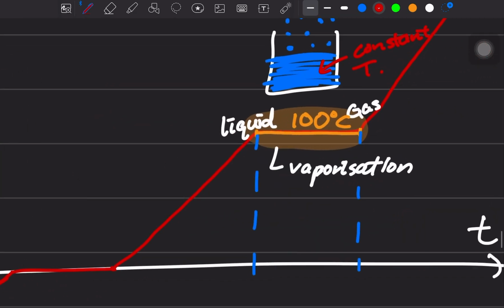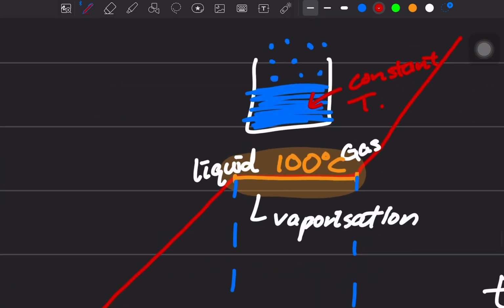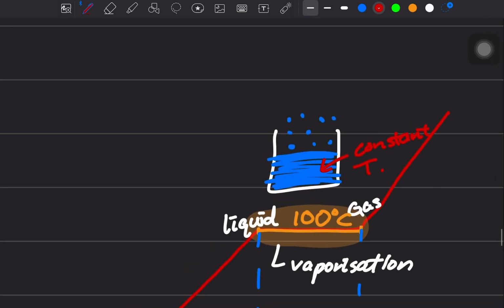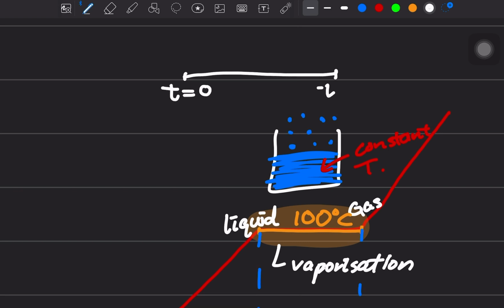If we check right here, as time passed, let me draw something. This is T is 0, T is 10, and onwards.